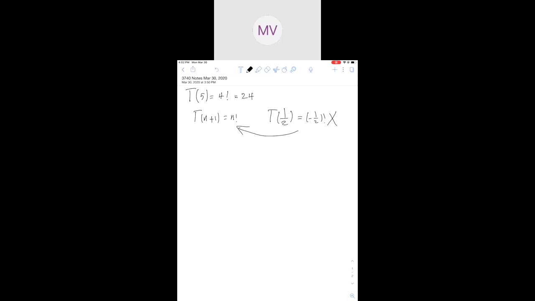But before that, I'm going to take you back to a specific integration. I'm going to remind you guys this integration, e to the negative x squared dx, 0 to infinity, okay?